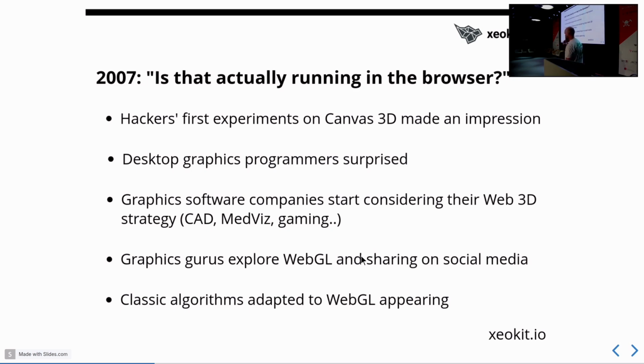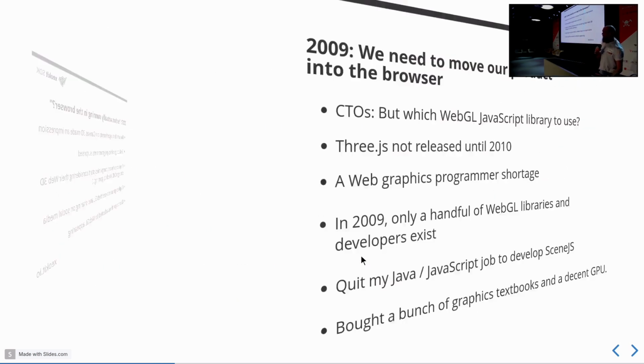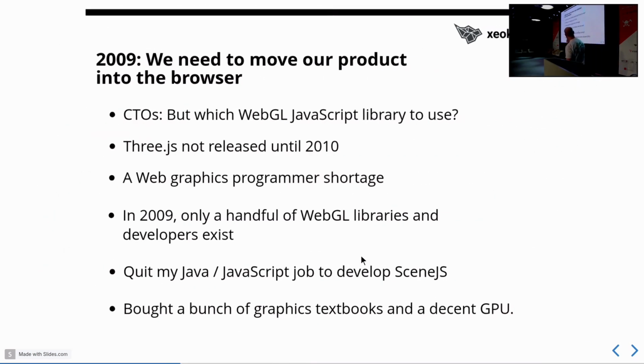At the same time, the graphics gurus started exploring WebGL and posting their implementations of classic algorithms that run in the browser. So CTOs and CEOs of companies, their first problem was, there are no libraries.